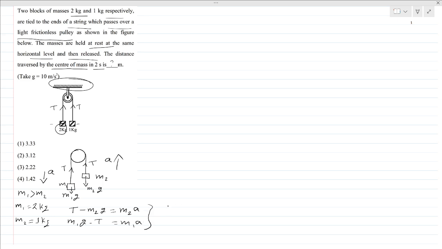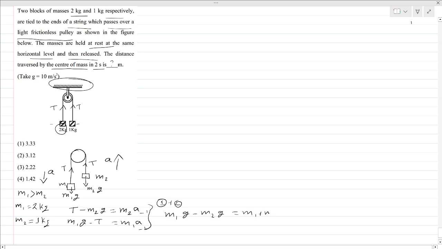By solving this, we can calculate the value of a. Let's see how. Say equation 1 and equation 2. If we add equations 1 and 2, the tension T cancels out, and we have m1g minus m2g equals m1 plus m2 into a.